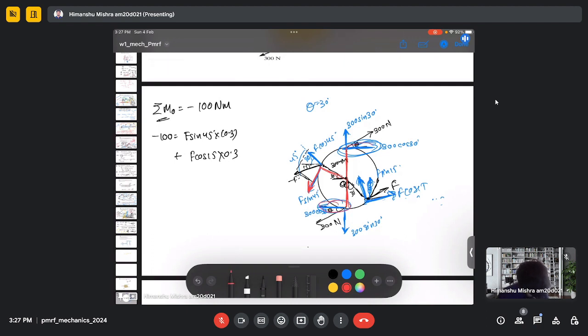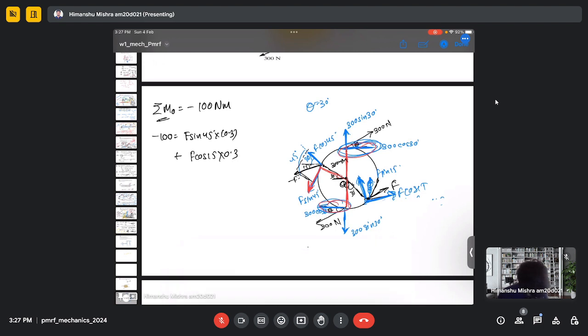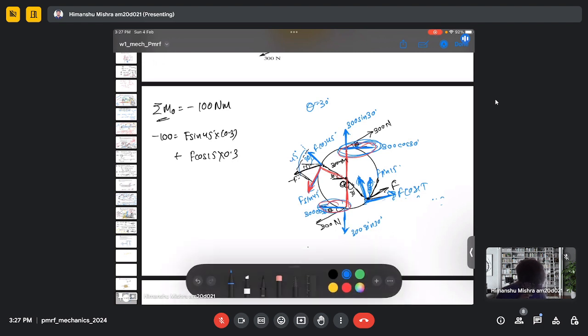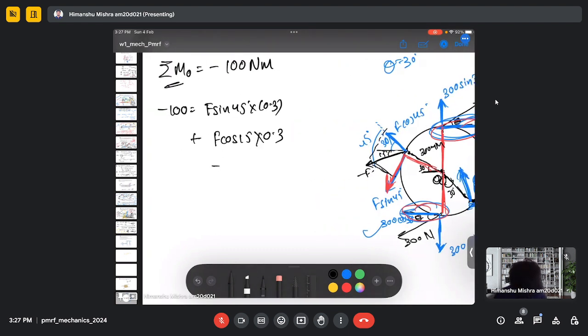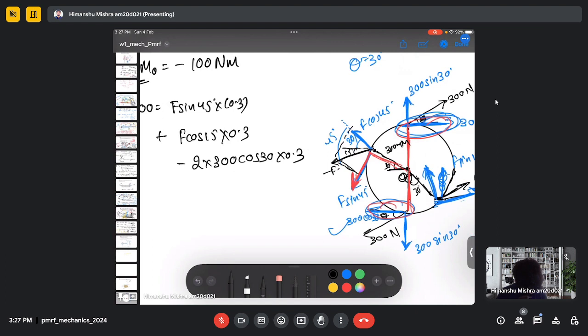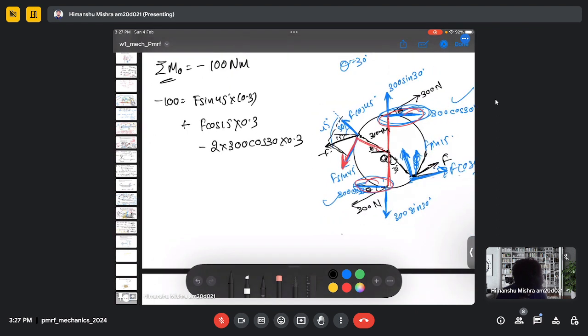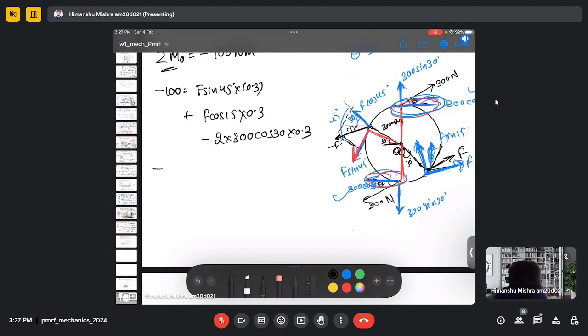And the direction of the moment due to this one and this one is the same. So I can couple this moment with 2 times 300 cos 30 multiplied by 0.3. So now I have to solve this equation. So I have 100. Let me solve this one.